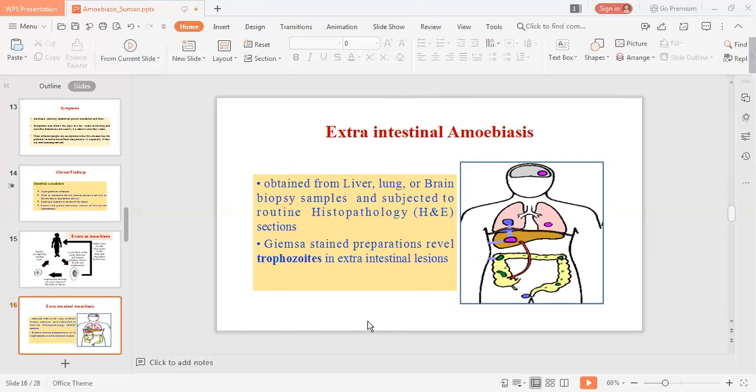So we can only confirm by taking a biopsy sample, doing a tissue section, and then performing histopathological studies by hematoxylin staining, as well as GMS staining, which will reveal the presence of trophozoites in the extra-intestinal lesions.